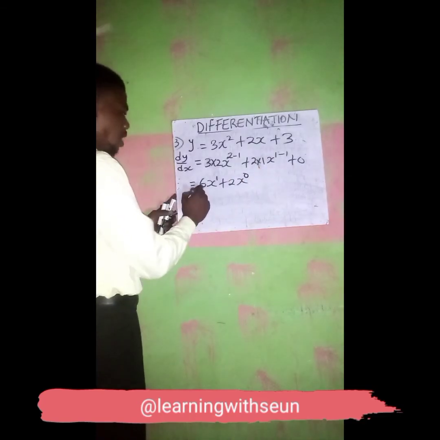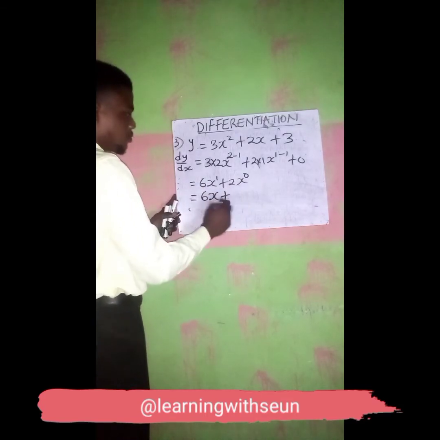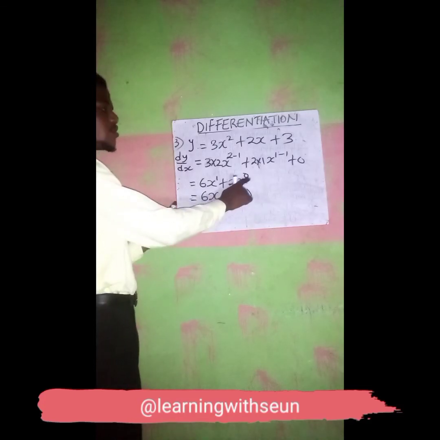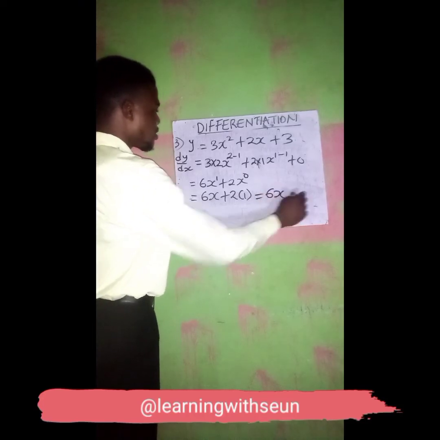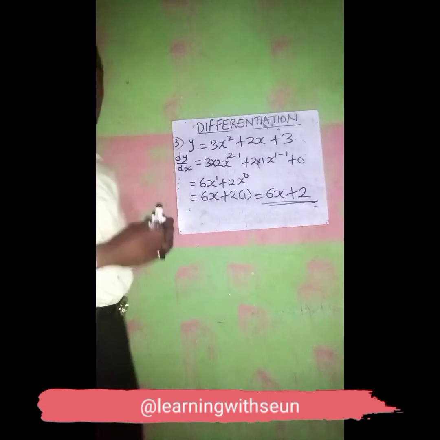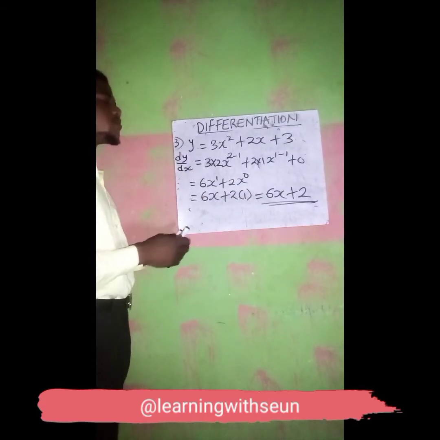So our answer will be 6x plus 2 into 1. Don't forget, any number raised to the power 0 is 1. So the final answer is going to be 6x plus 2. This is what we call differentiation of a polynomial function.